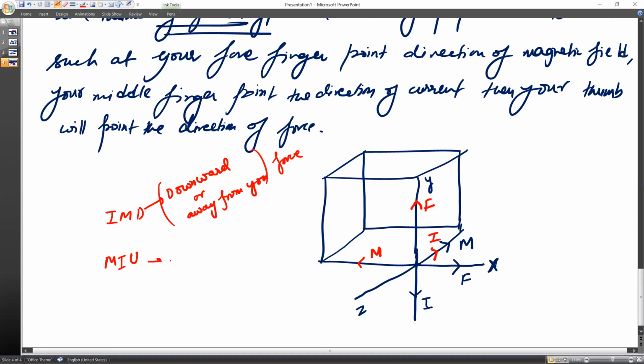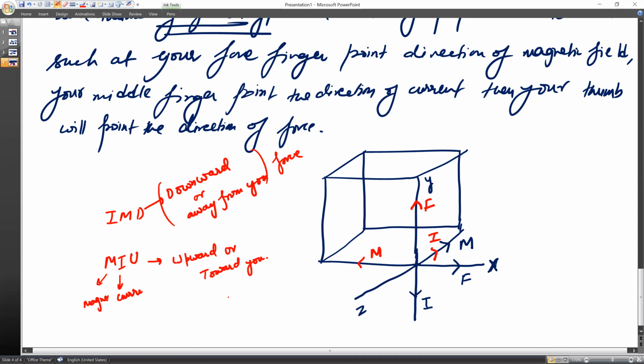This is magnetic field direction, this is current direction, and this is the direction of force. And U stands for upwards, or towards you.